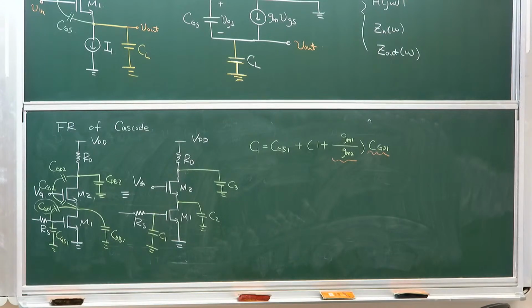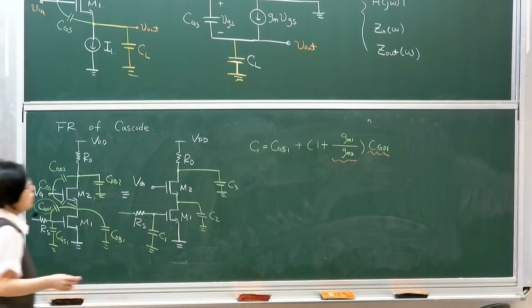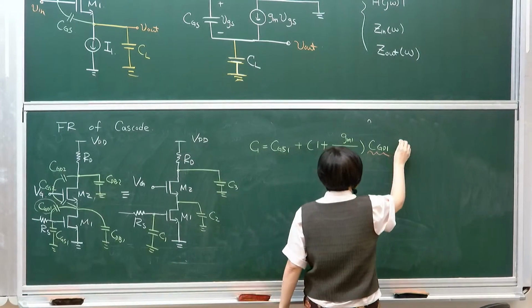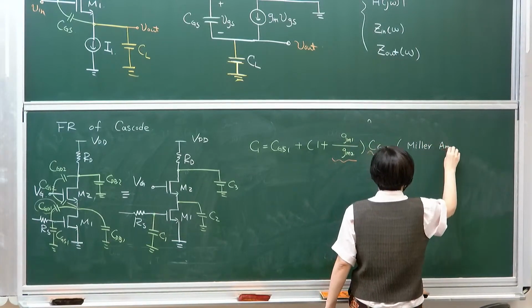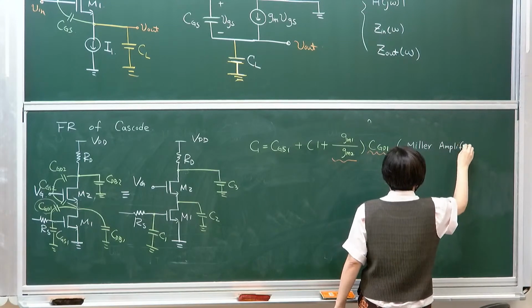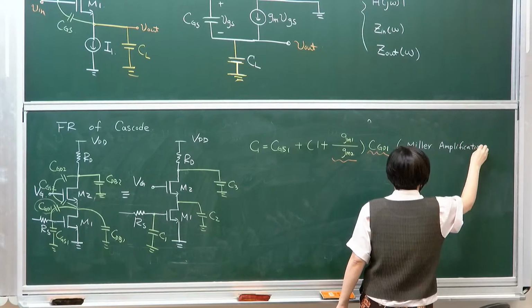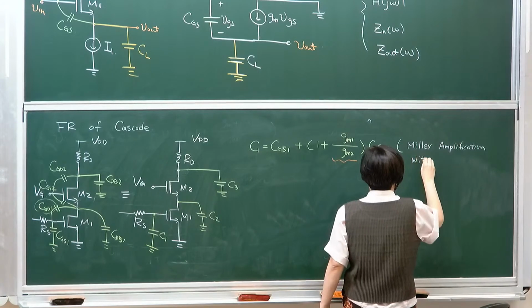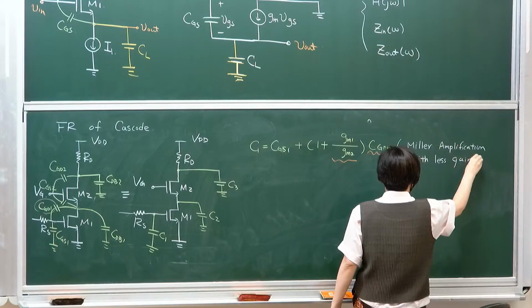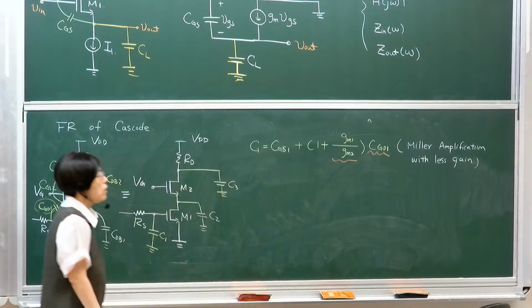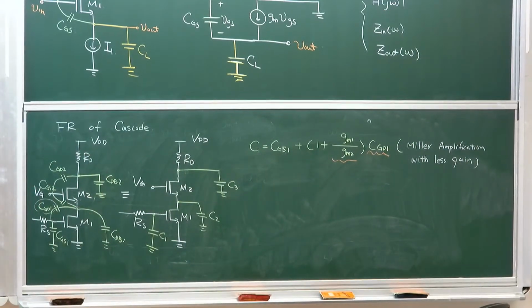It's not going to be 10 times or 20 times as high. So there's Miller amplification, but because it's a small gain, you wouldn't see a very high amplification effect on C1.